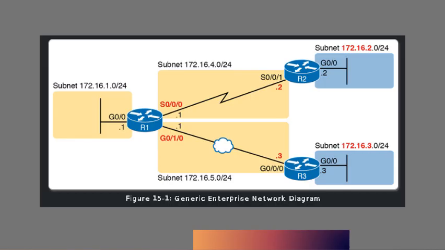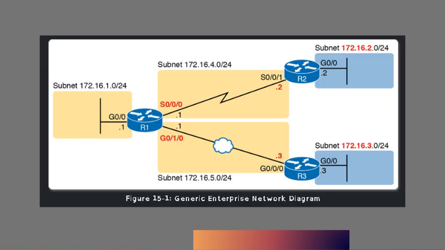The physical and data link details are minimized using the following conventions. Ethernet LAN represents a simple straight line implying one or more LAN switches without showing them.